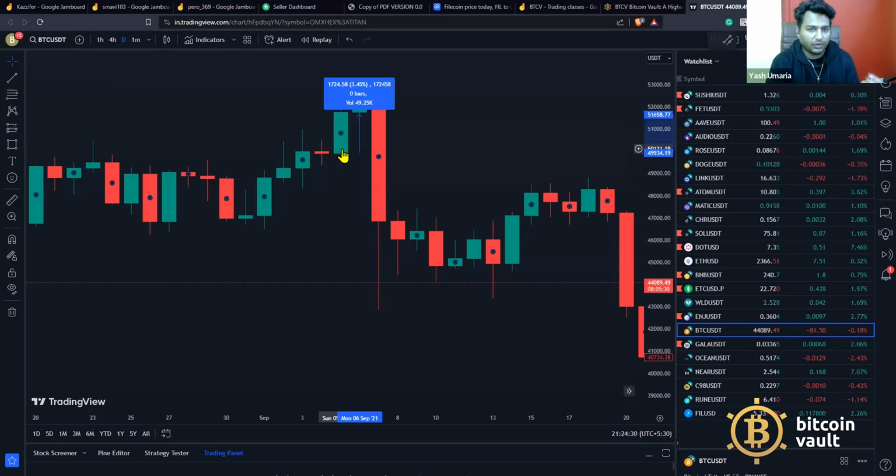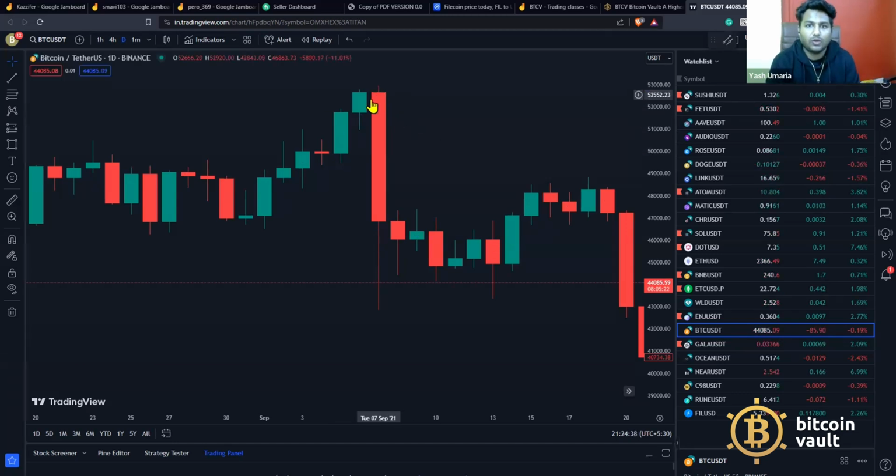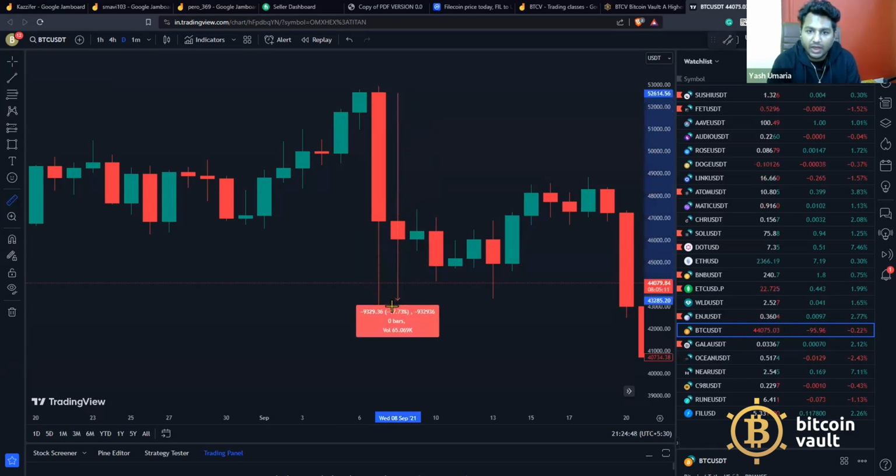Okay, so of course the market does have a bias, right? But the buyers are not that great, not that aggressive, let's say. But after 2 days, what happened? The market moved down, and this downward movement is crazy, of course. You see, it started from 52,614, and it went down till what? 42,000, or let's say 43,000.